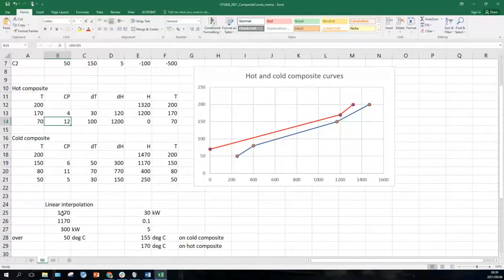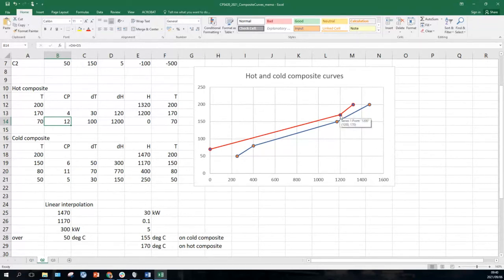So you take from 1470, you go from there to there, 1470 to 1170, it's 300 kilowatts, and it is 50 degrees C difference. So we're getting the slope of that line, 50 degrees C difference, and then 30 kilowatts from the red line.